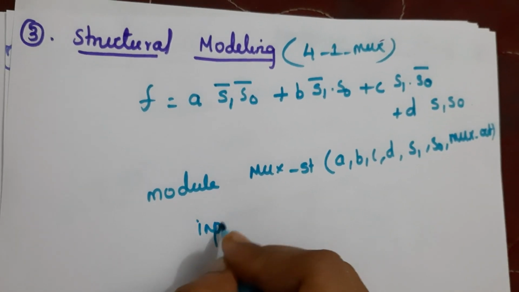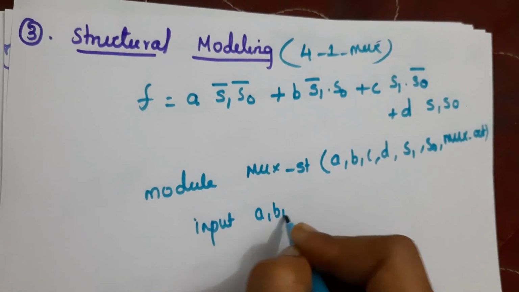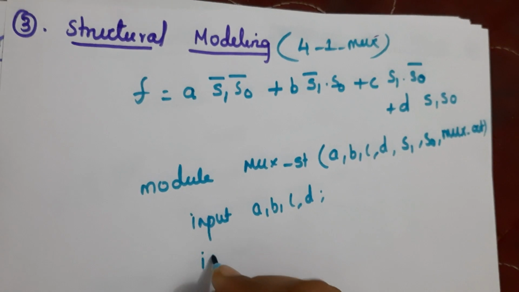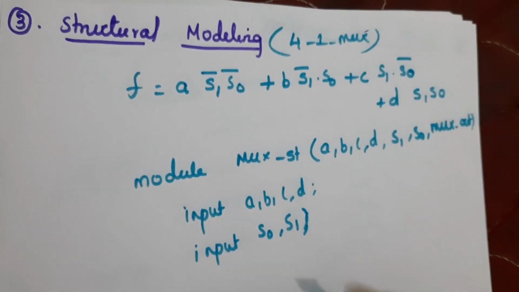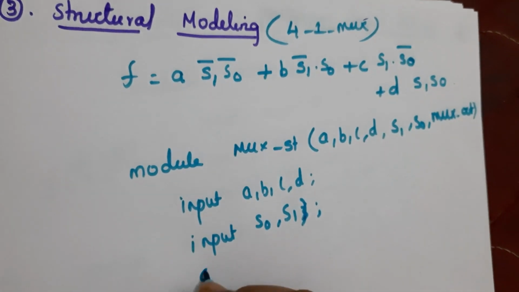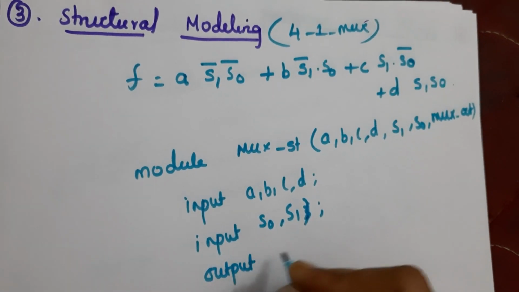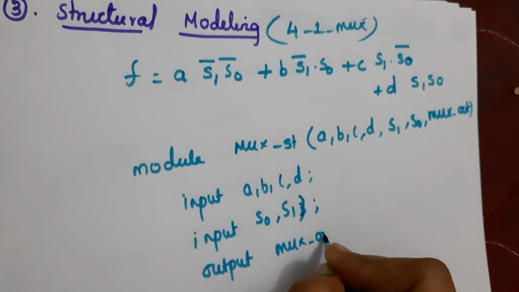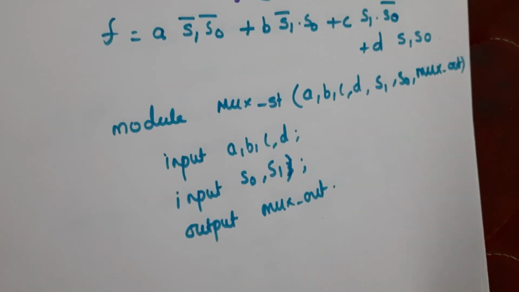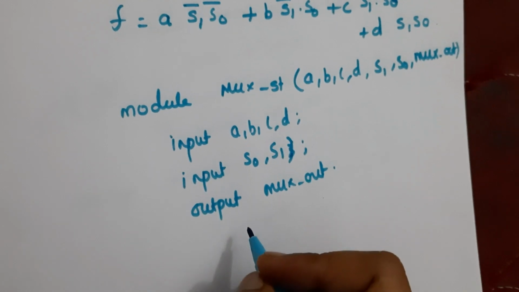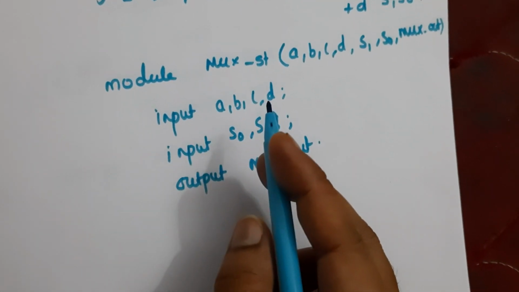So here inputs are A, B, C, D, input again S1, S0. So next one is output mux out.